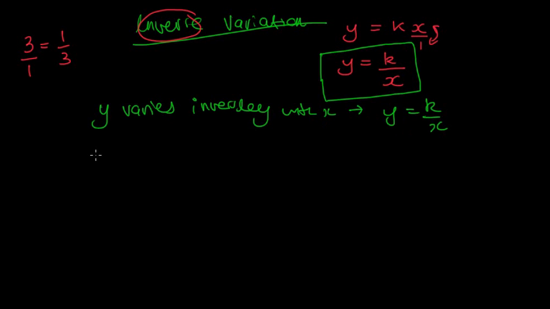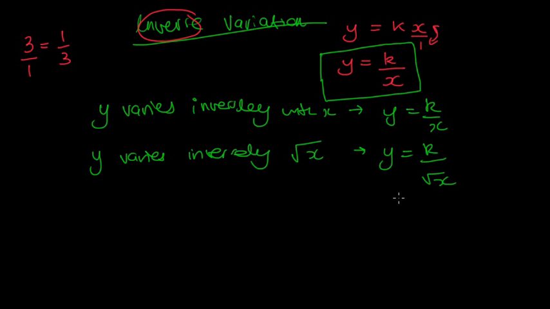But for those more challenging ones, like for example, y varies inversely with the square root of x, it's y equals k over the square root of x. If y varies inversely with the square of x, or x squared, then it's simply y equals k over x squared. So just like the direct variation, you can have those different variations of the formulas.